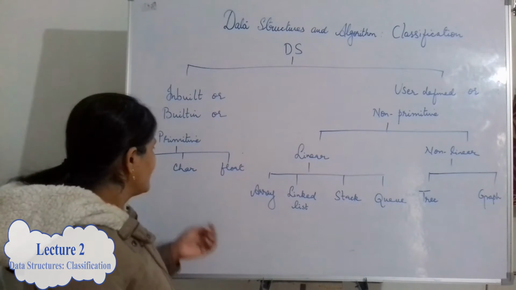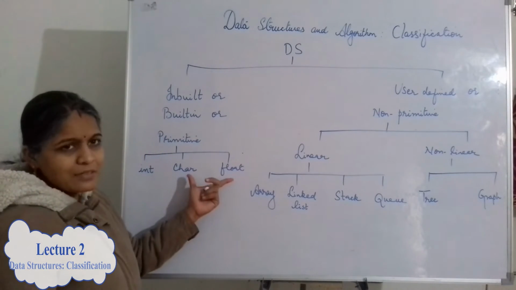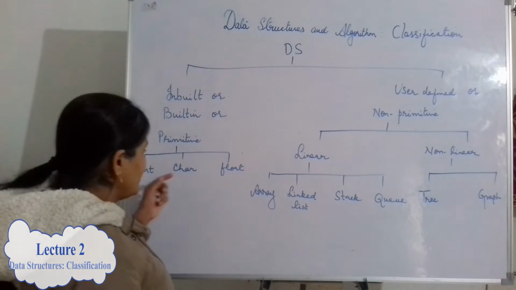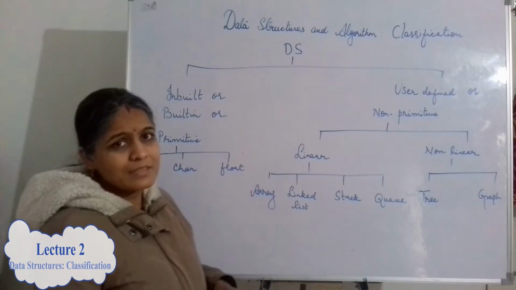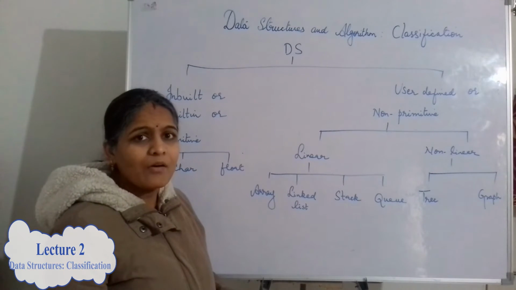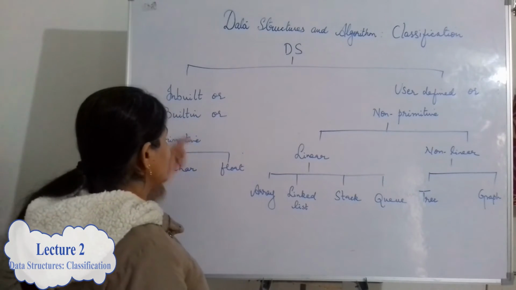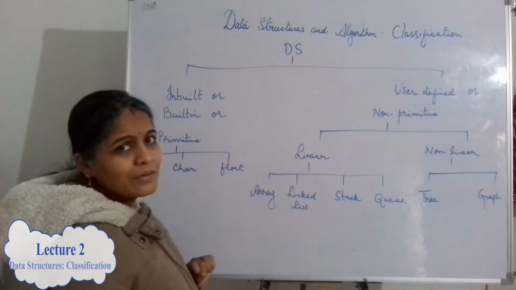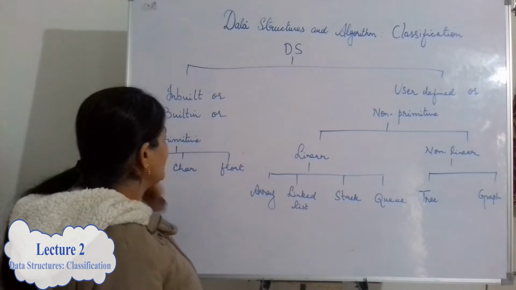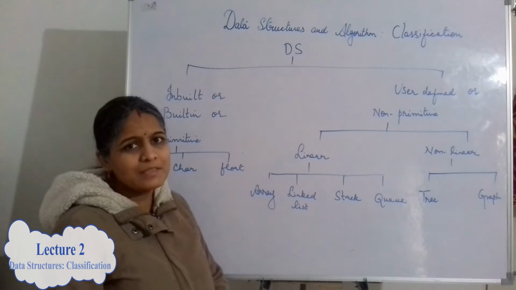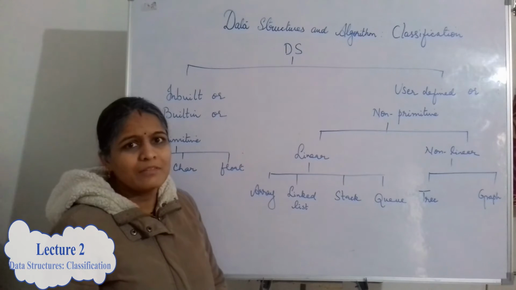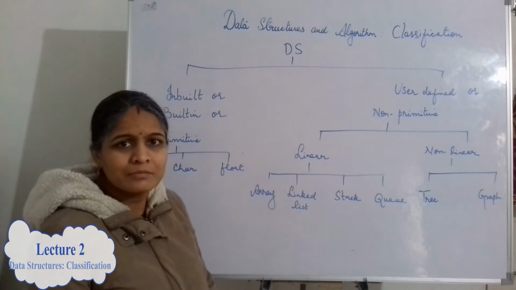Okay. So these are the keywords. And the definition of these keywords is already known to the compiler. That is why these data structures are called inbuilt or built-in or primitive data types. Primitive data types means these data structures cannot be further divided into parts.